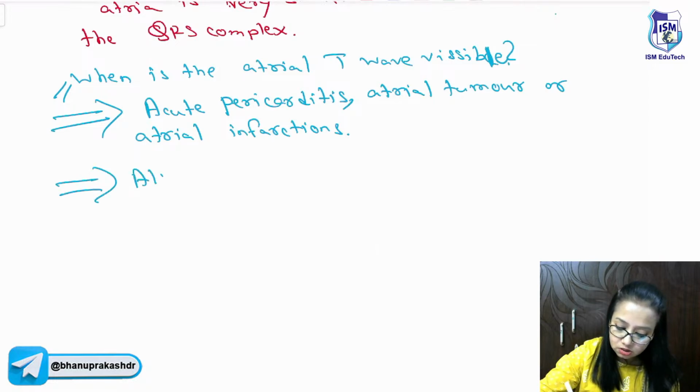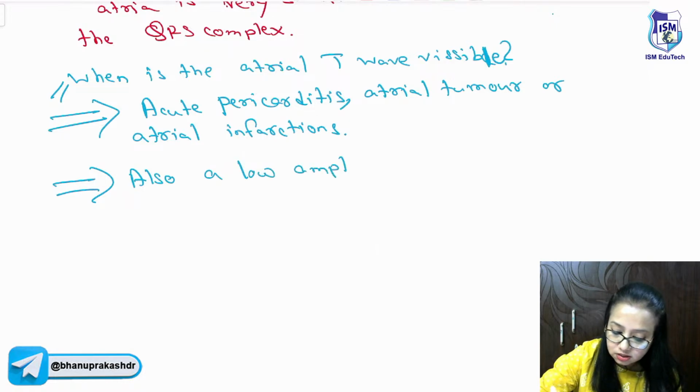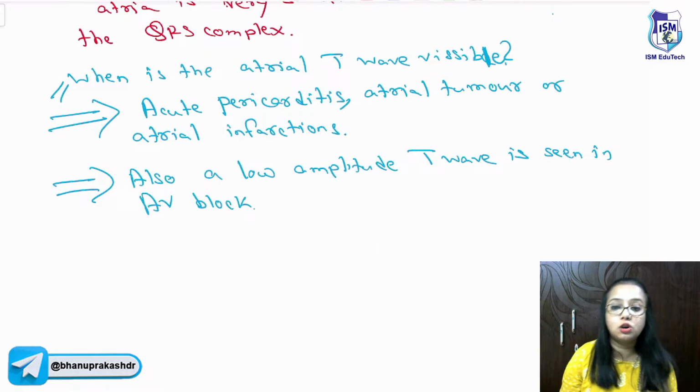Also, a low amplitude T wave is seen in AV block.